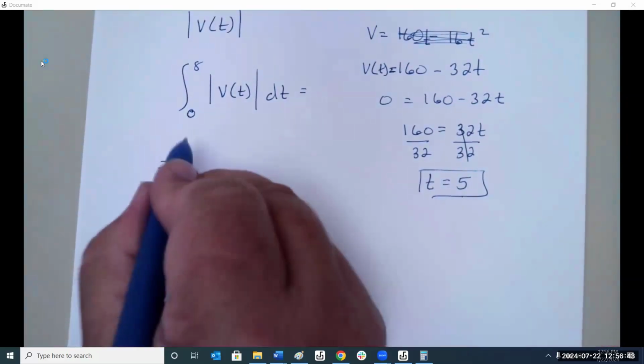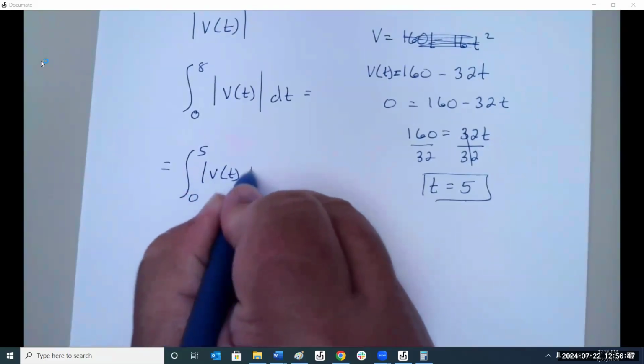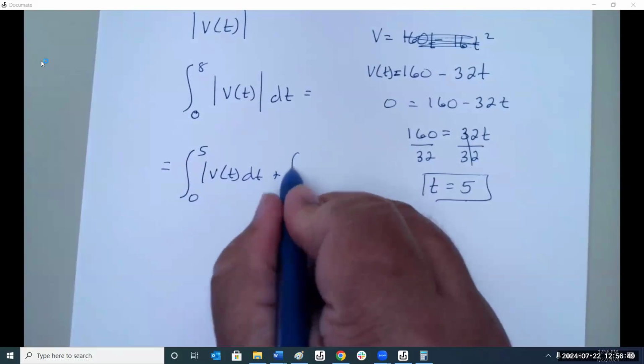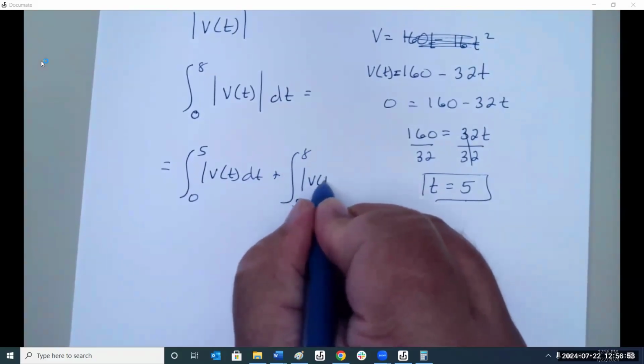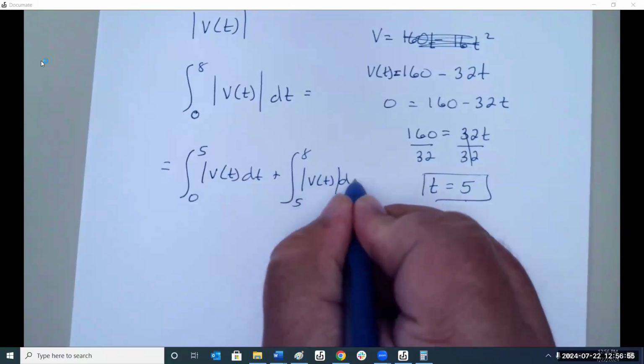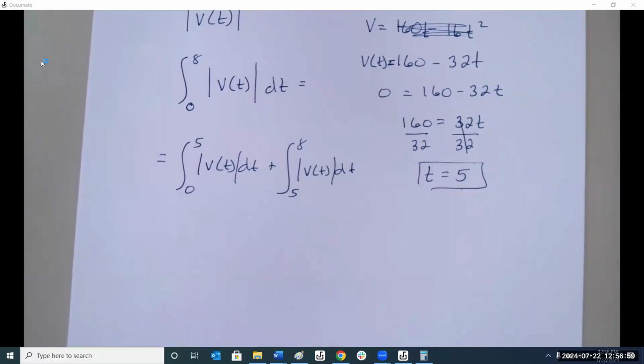So we have to go from 0 to 5 seconds of the absolute value of the velocity, and then we have to add from 5 to 8 the absolute value of the velocity, because that'll get rid of any of the discrepancy of what is positive, what is negative.